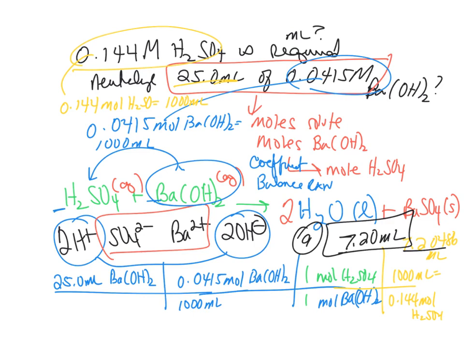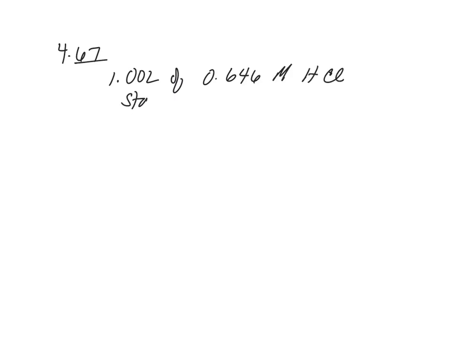All right, I found a problem. Okay, so a dilution problem we could work. How about 4.67? Describe how to prepare 1.00 liter of a 0.646 molar solution of HCl, starting with a 2.00 molar solution of HCl.